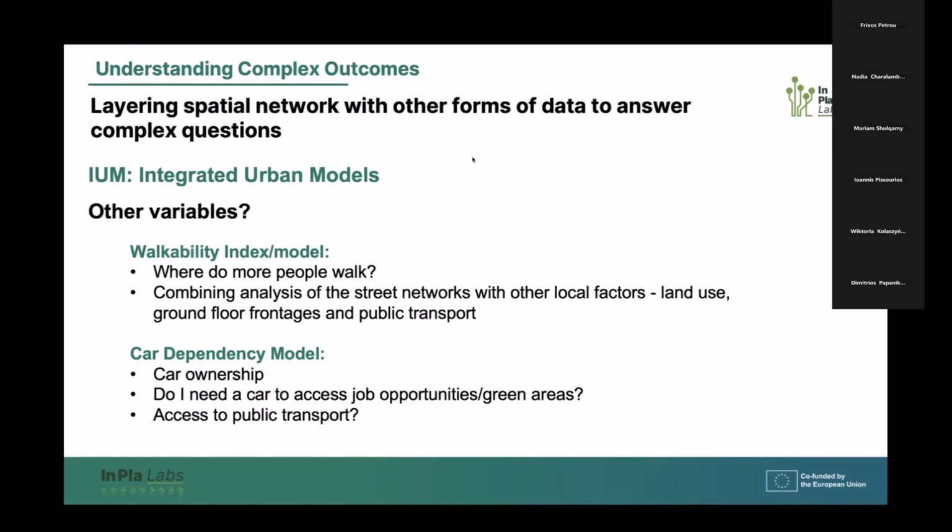Local health officials found a strong correlation between the car dependency index and adult obesity estimates. Overall, there was a strong link between socioeconomic deprivation and obesity. But in more walkable areas of the city, this link was broken. And here you can see the impact of spatial layout on health and well-being, as I mentioned previously.